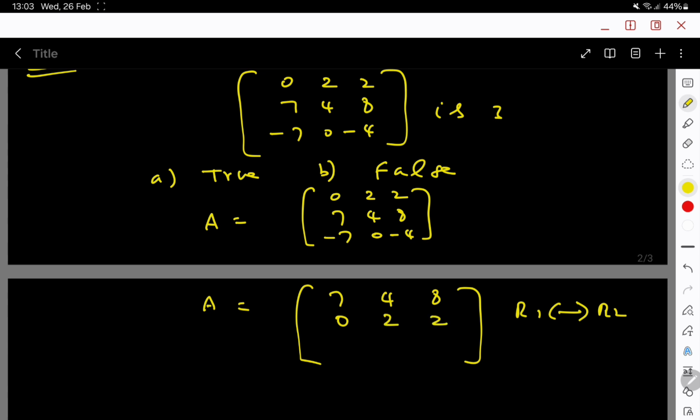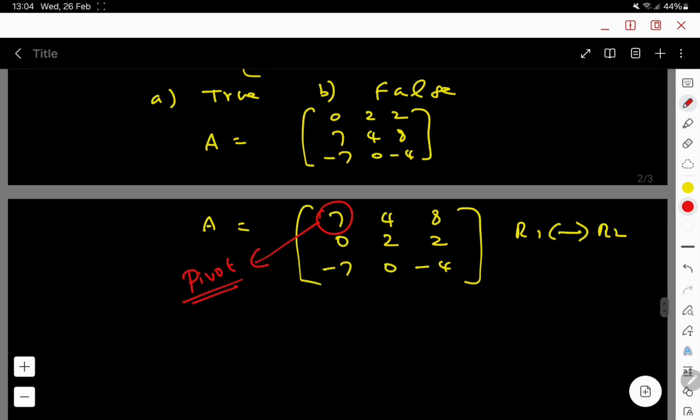We can't change into echelon matrix by using 0 as a leading entry. Now 7 is a pivot element, because it is non-zero. What is the use of a pivot element? A pivot is a non-zero entry in a matrix which creates zero elements in the corresponding column below it.